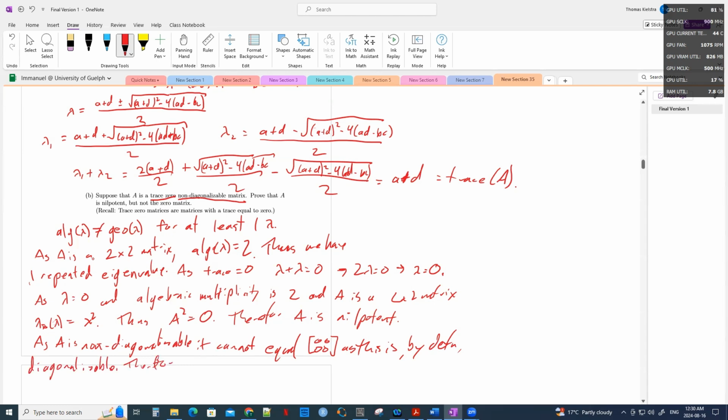Therefore, A is a nilpotent matrix, but is not equal to the 0 matrix.